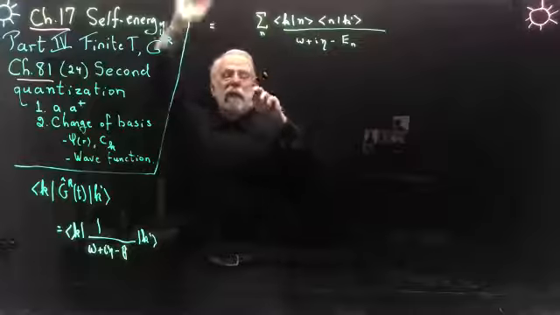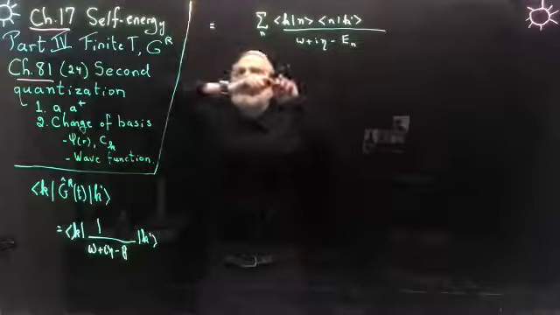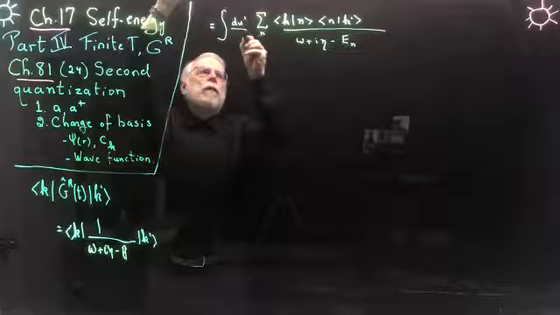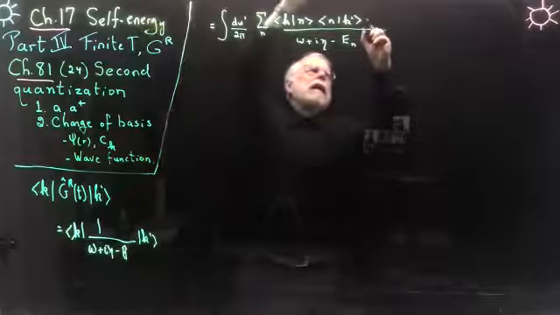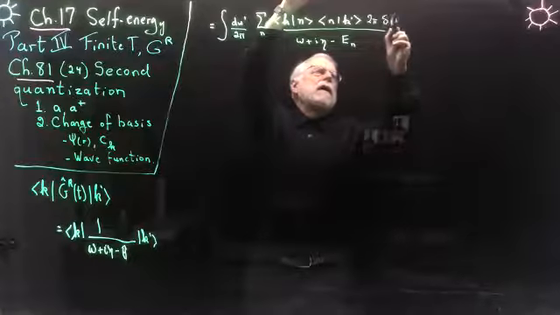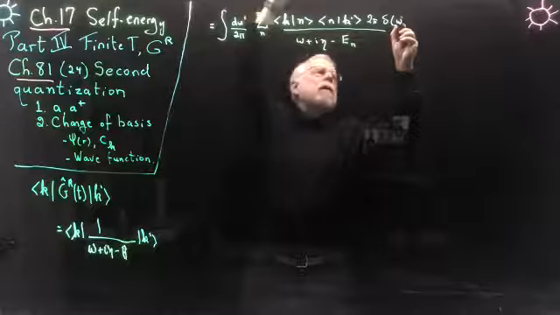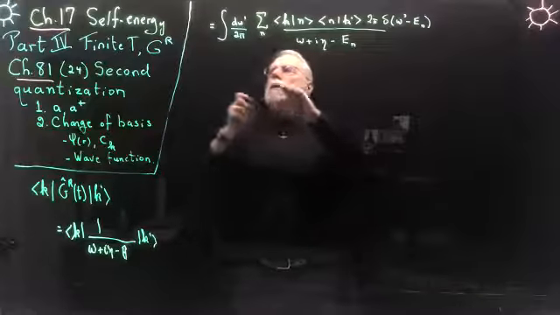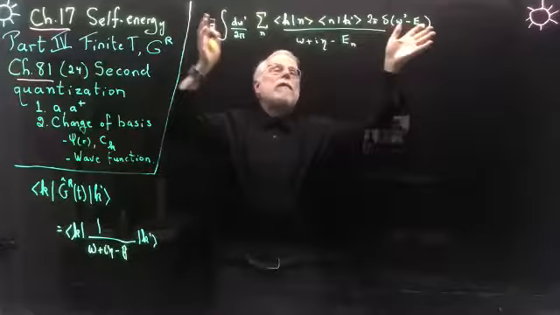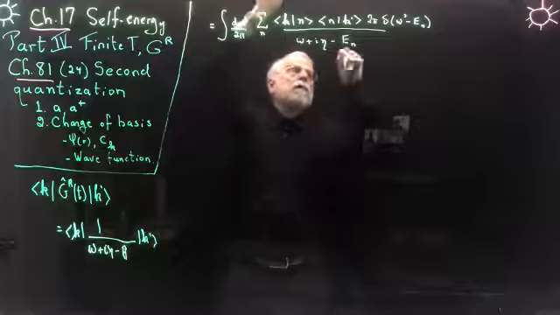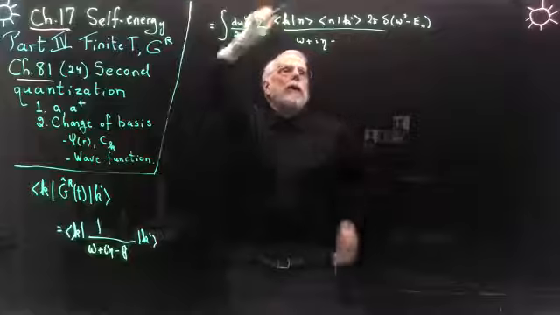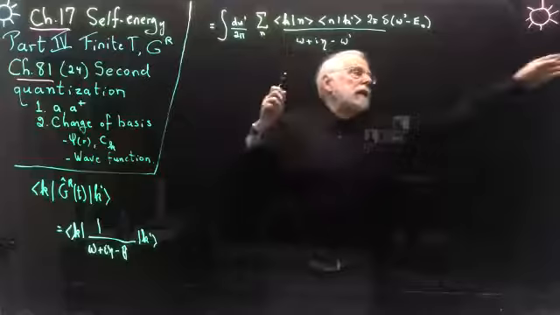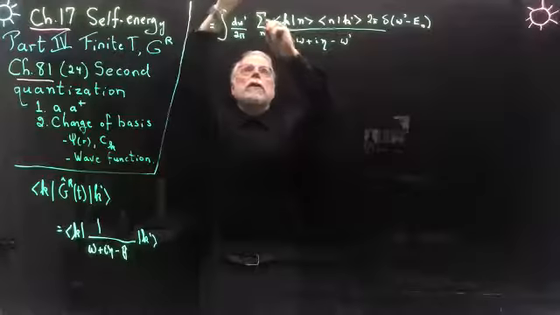So now these are just numbers. So now one thing I can do is this. I can do the integral d omega prime over 2 pi. And then I can put 2 pi delta of omega prime minus E n. Okay, so I have done nothing, because the 2 pi simplify and the delta function gives me 1. And now I can replace this by omega prime. Okay, so it looks as if I'm just going around in circles.